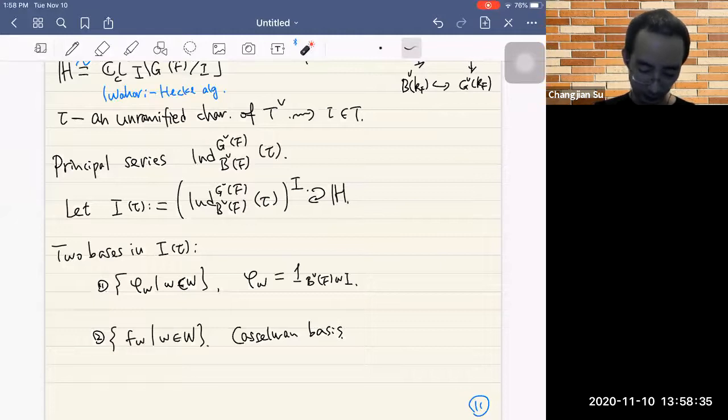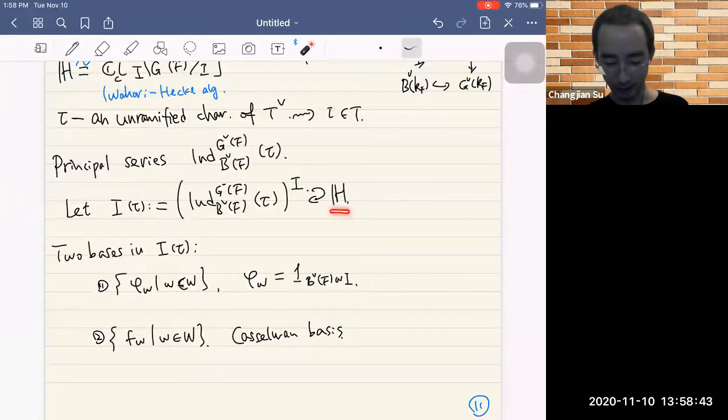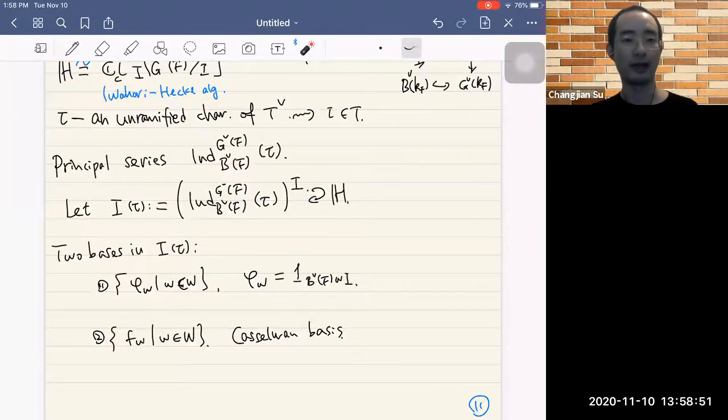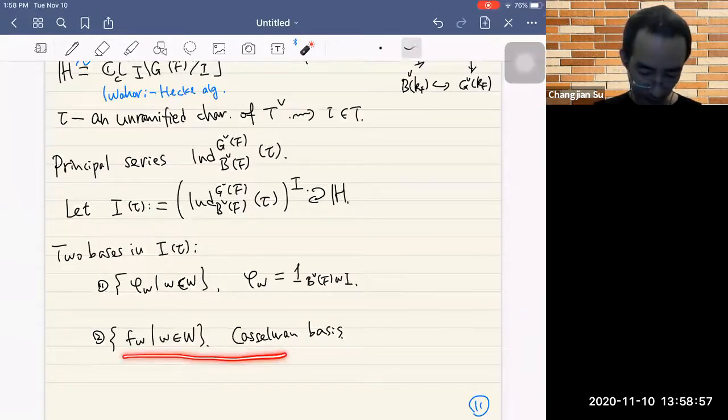So anyway, the next property of this basis is as follows. So recall this affine Hecke algebra. The affine Hecke algebra has two parts. One is given by this finite Hecke algebra, and the other part is given by this lattice part, i.e., the equivariant K-theory of a point. Right? So then the next property of this is the following.